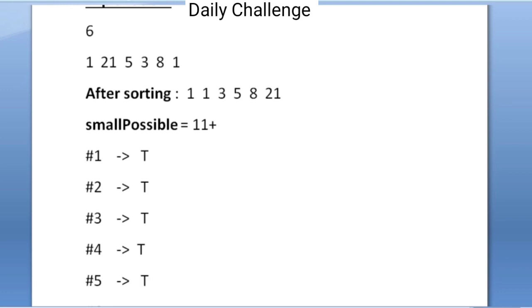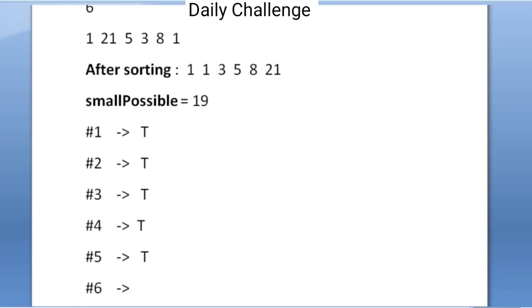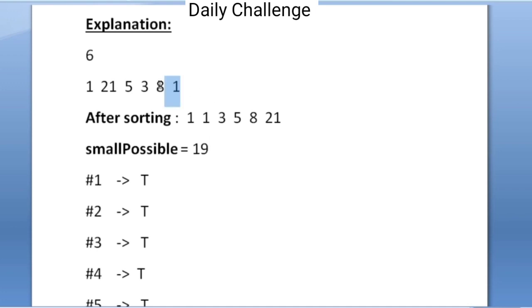So we are updating 11 plus 8, so the value would be 19. Now in the last, sixth iteration, 21 less than or equal to 19? No, it is false. So we would just return the smallest possible value. So the expected output for this particular test case is 19.